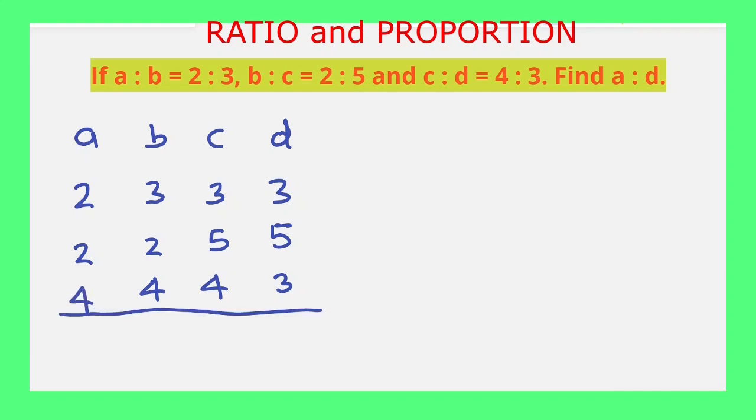We multiply the numbers below A, which is 2, 2 and 4. So 2 times 2 times 4 is 16, and the numbers below B are 3, 2 and 4.